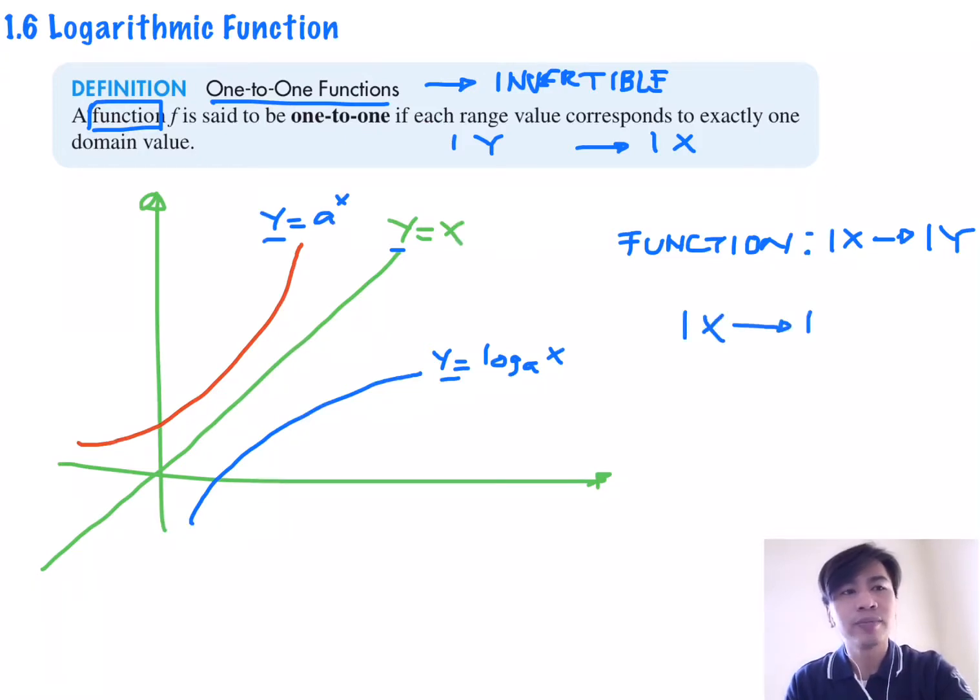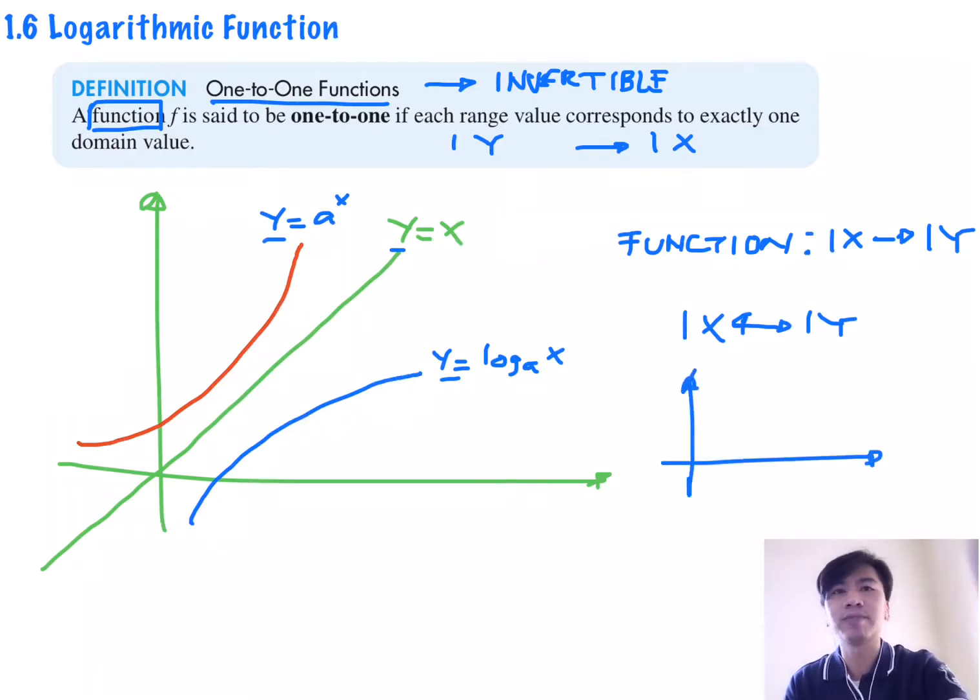If you have a one-to-one function, then since this is a function, it has this understanding, 1 x has one y, and it also gives us another definition that one y has only one x. So we can simplify that: 1 x has one y and one y has also one x. That is a one-to-one function. Exponential functions and logarithmic functions are one-to-one functions, and they are also invertible functions.